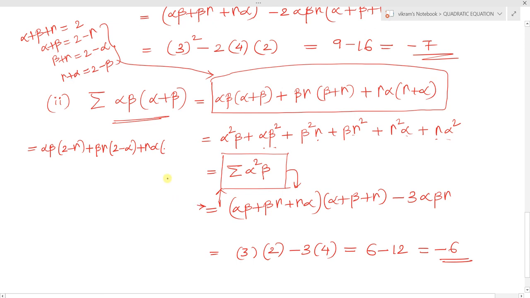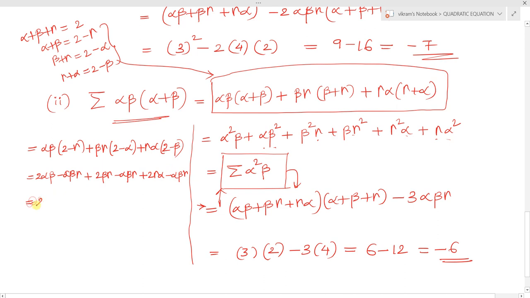I'm erasing and writing clearly. This equals 2 alpha beta minus alpha beta gamma plus 2 beta gamma minus alpha beta gamma plus 2 gamma alpha minus alpha beta gamma.